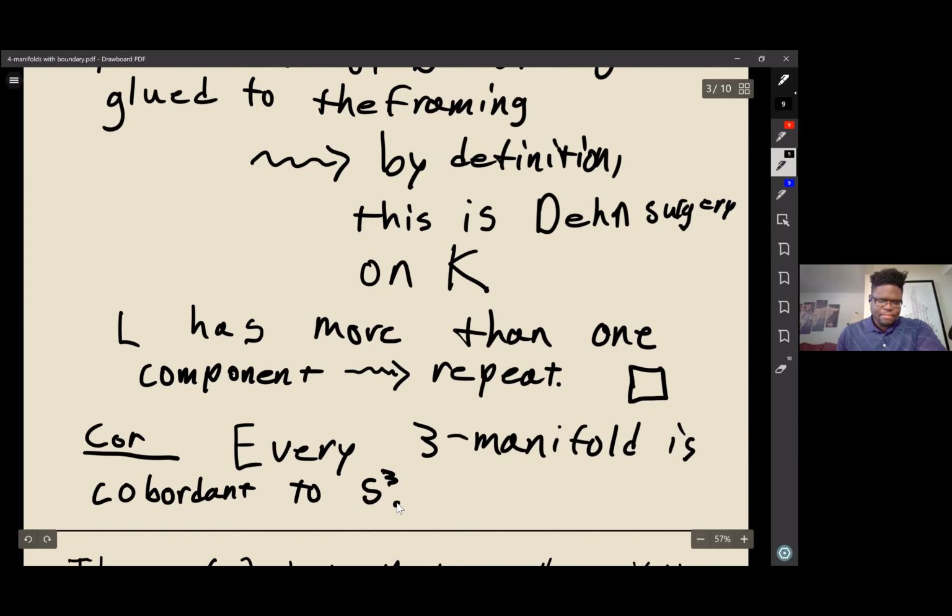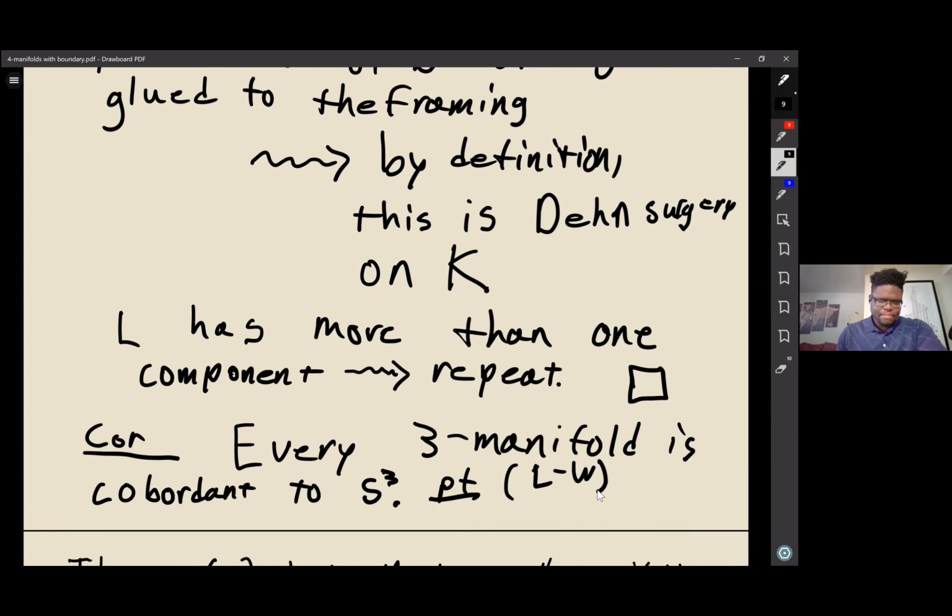And that's because of the Lickorish-Wallace theorem, which says that every three-manifold can be obtained by performing integral surgery on a link in S3.